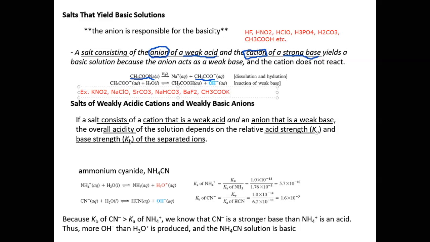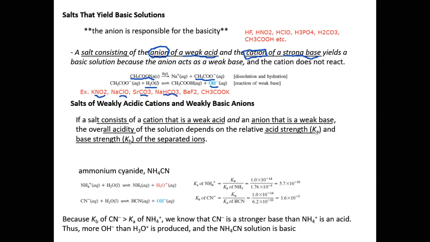So all of these are solutions that contain a basic anion and a neutral cation. So NO2 is basic, potassium is neutral. ClO is basic, sodium is neutral. CO3 is basic, strontium is neutral.